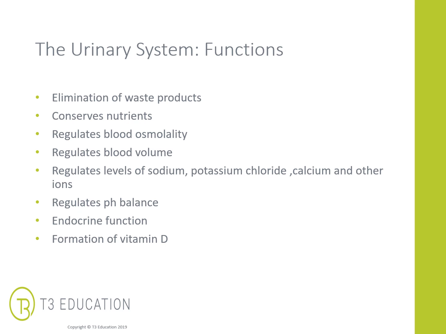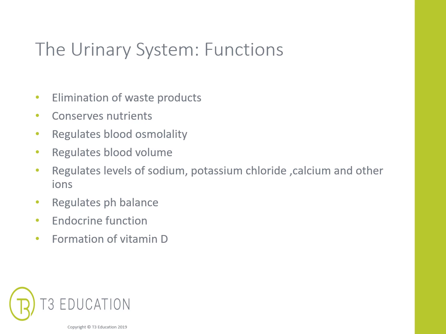On the flip side of that, it's not just about elimination, but the urinary system also helps us to conserve key nutrients. As the urinary system processes the various fluids and salts in the body, it conserves critical nutrients by ensuring that they are not eliminated.